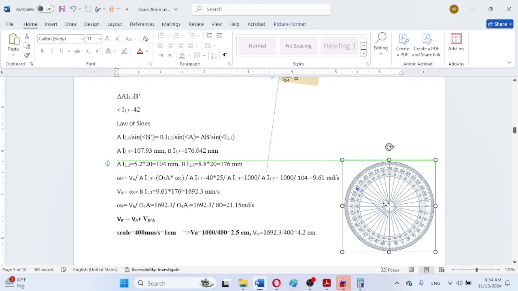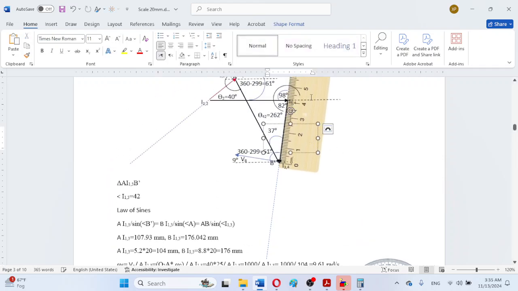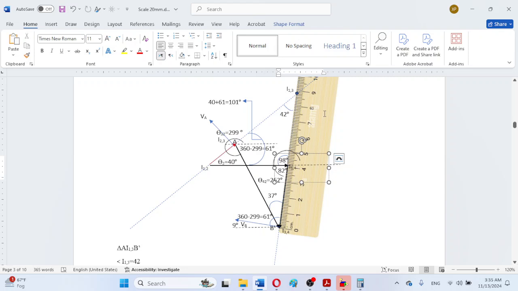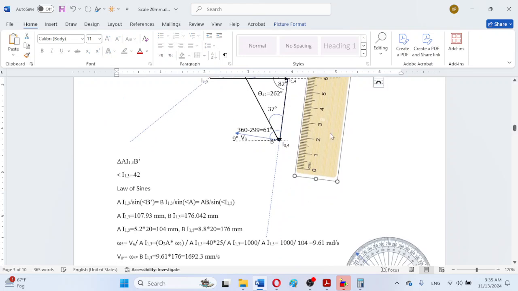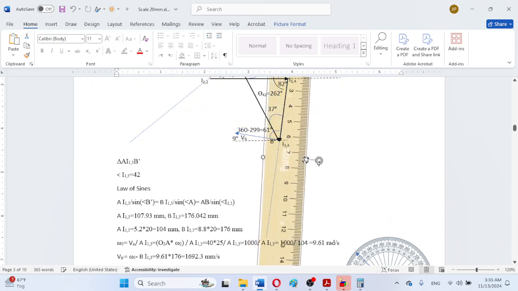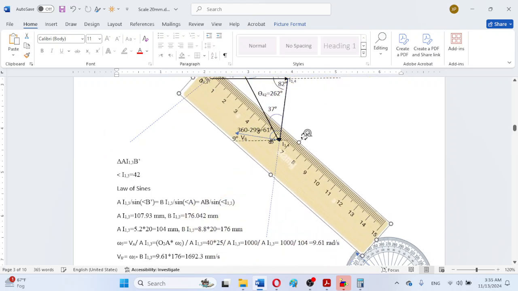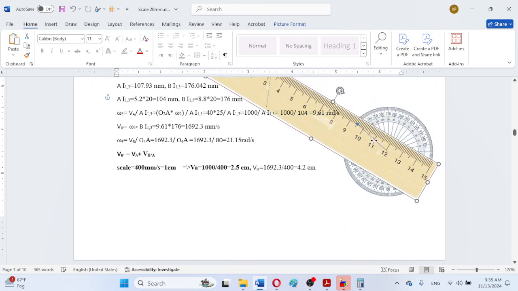So here, as we can observe, we are to make it 50 degrees. Let me move this scale out here.